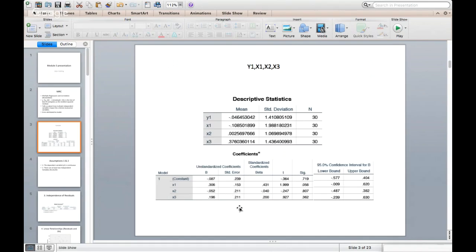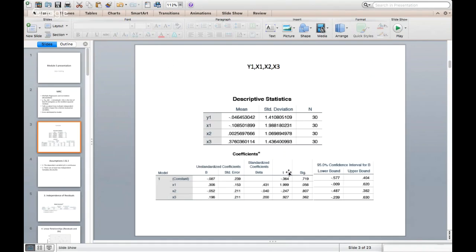The standard error, you want that to be as small as possible so that there's less variation around these, so that we have a more solid best guess for our data. For this test, the null hypothesis is that these b's are equal to 0.